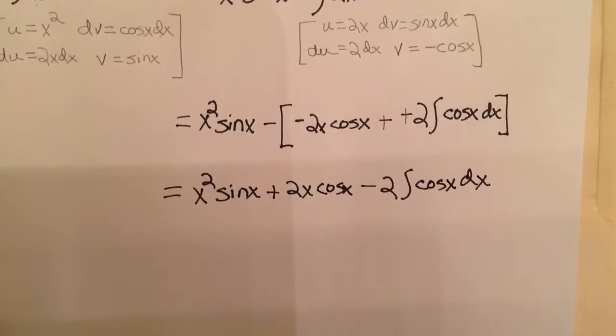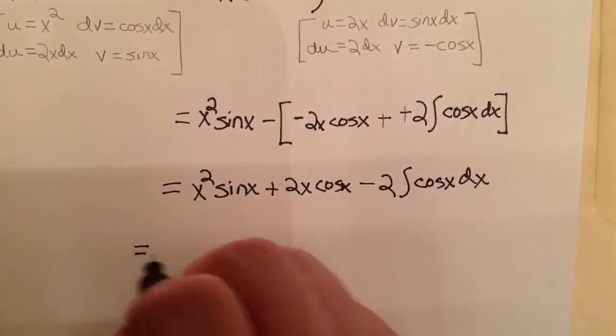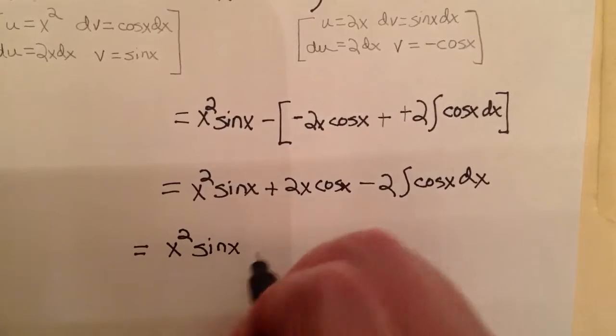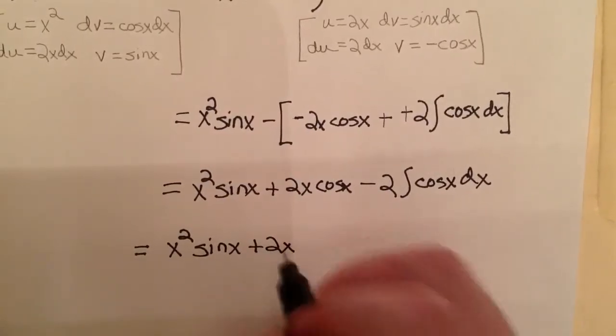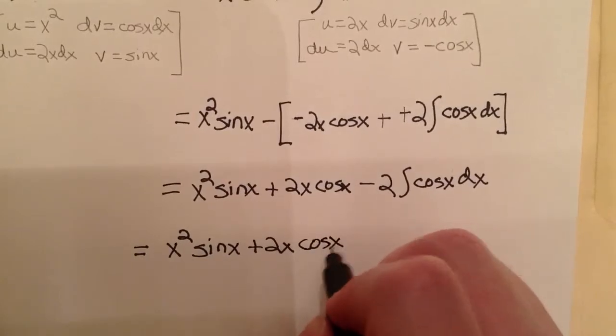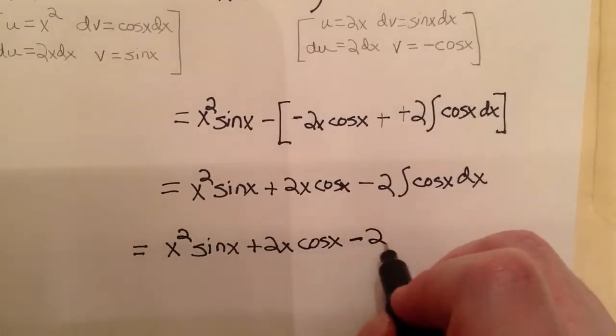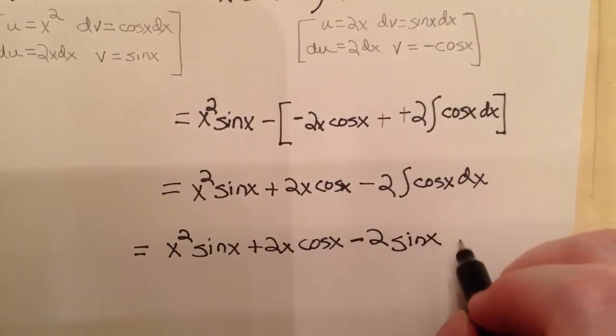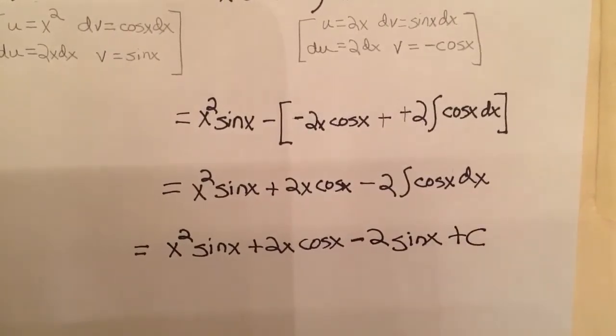And so for the final answer in this one, we have x squared times the sine of x plus 2x times the cosine of x. Then finally we have minus 2 times the sine of x, followed by the constant.